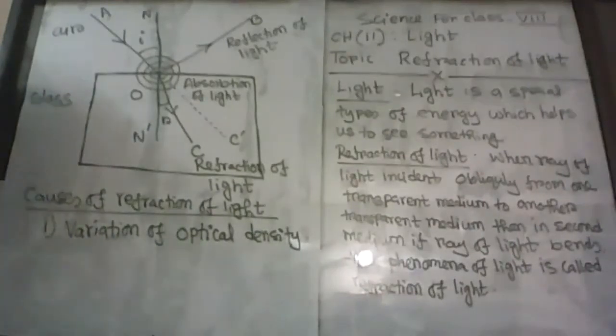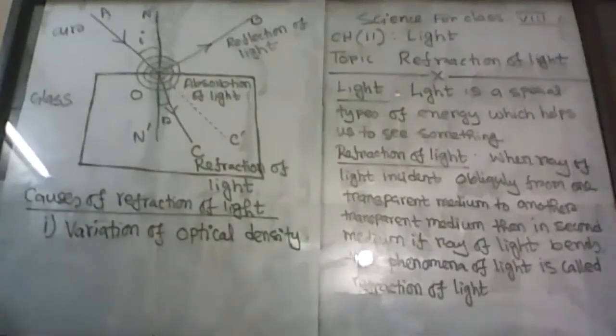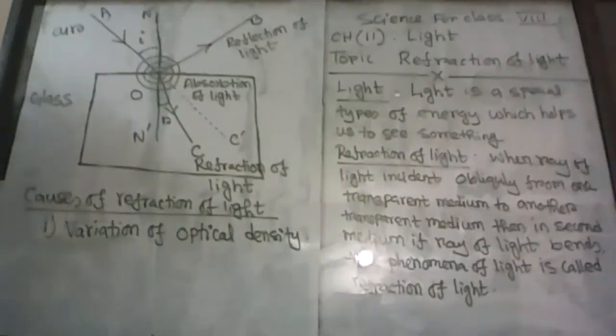So what is optical density? The density that is experienced by the light particle. The density of air medium and the density of water medium vary, or the density of kerosene medium, oil medium, or glass medium varies.